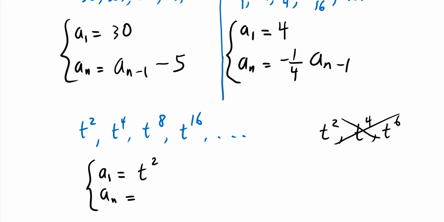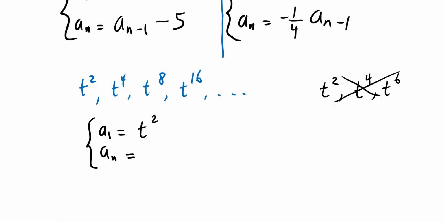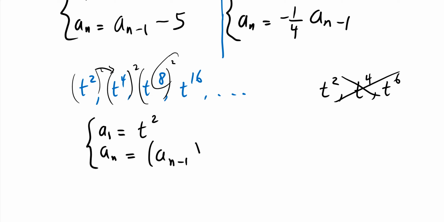What can be another way to think about this one? What are they multiplying by every time? Well, this is a little bit tricky. No matter what you multiply by or add, it's not going to work out. But what they actually did, from here to here, it seems like if you square this, you get the next one. If I square this, 2 times 4 is 8. If I square this, 2 times 8 is 16. So it seems like you're taking any of the terms and squaring it.